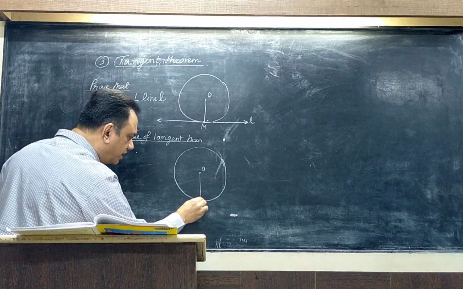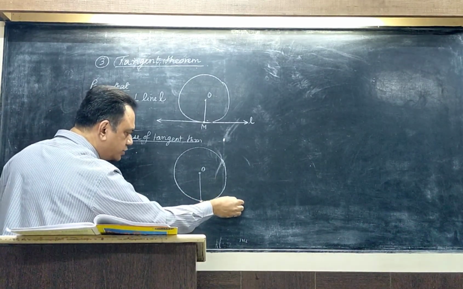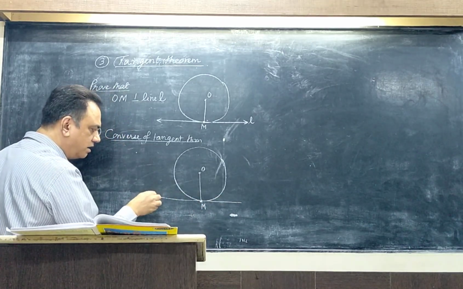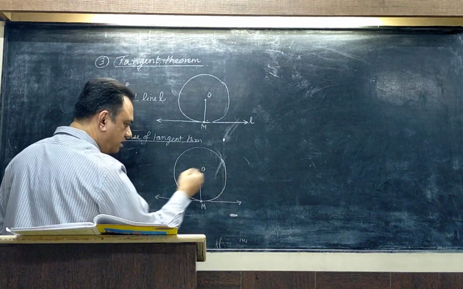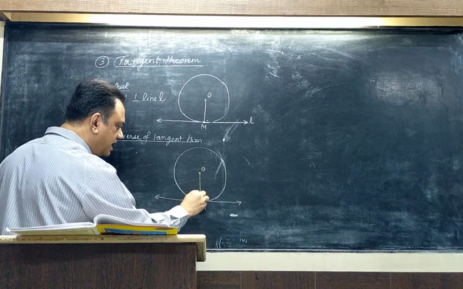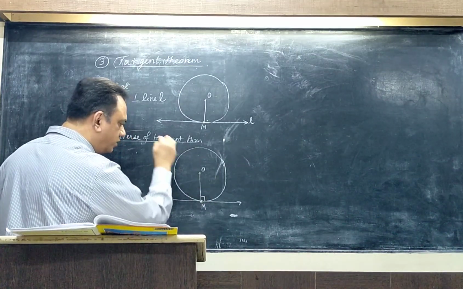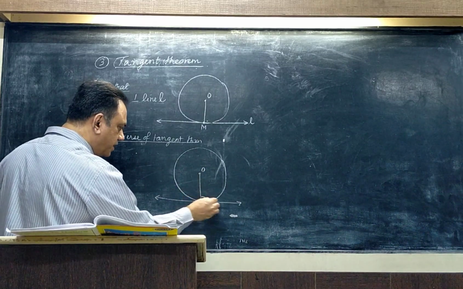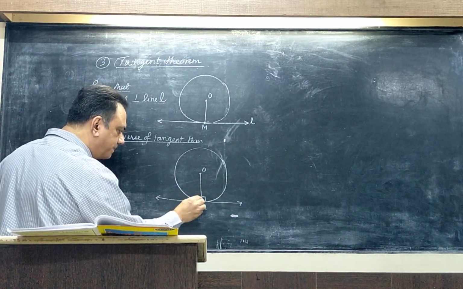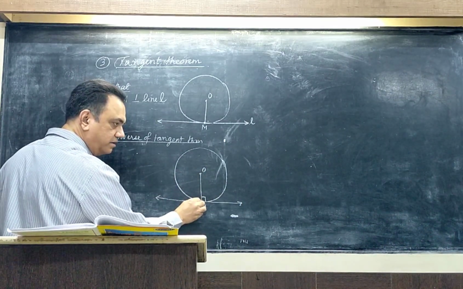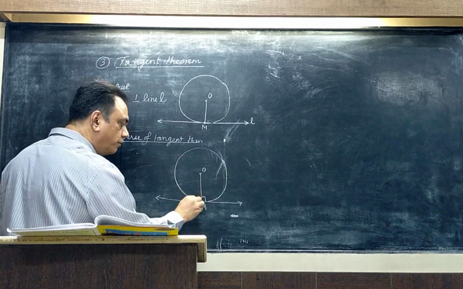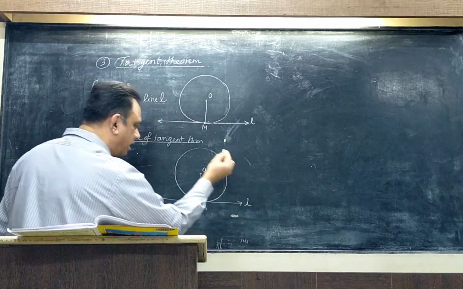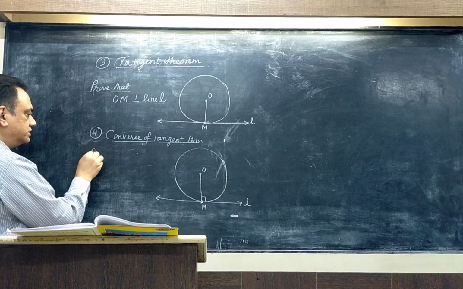At the outer end of the radius, I draw a line, and this radius is perpendicular to the line. This radius is perpendicular to the line at the outer end. And to prove that this line L is tangent to the circle.